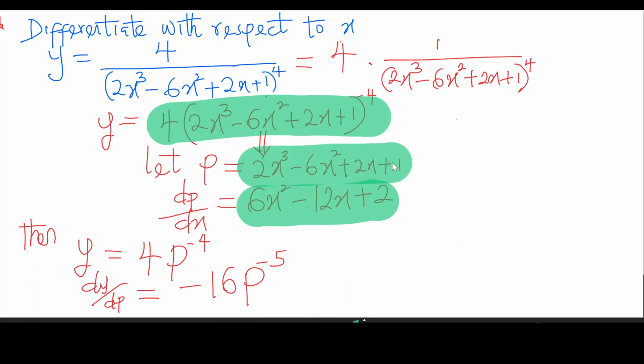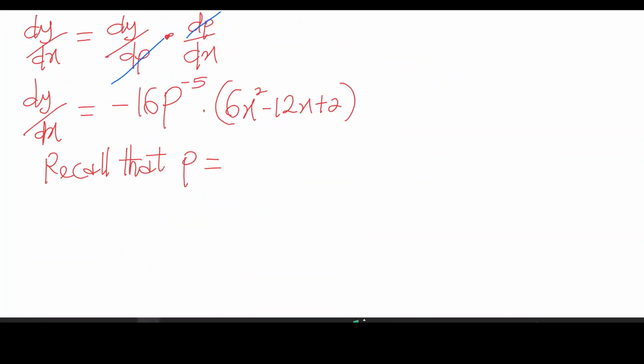That's 2x cubed minus 6x squared plus 2x plus 1. So we are going to be substituting the value of p back.